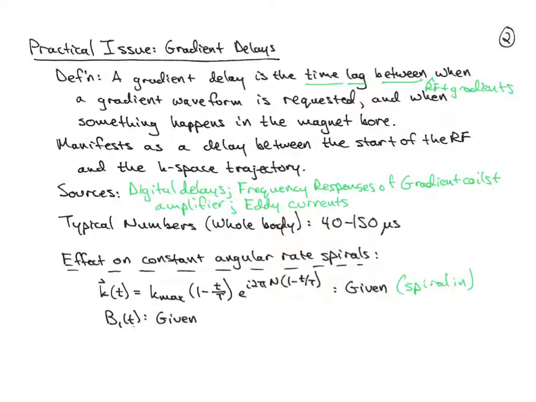Since at the beginning of time this quantity is going to be maximized, so we're going to be far out in K-space. We're going to start far out in K-space and then we're going to circle in. And then this is the phase angle in the KX KY plane. So we're going in circles, right? We're going linearly in circles towards the middle of K-space, starting out and then scrolling in and in and in. And the RF pulse will be given as well.